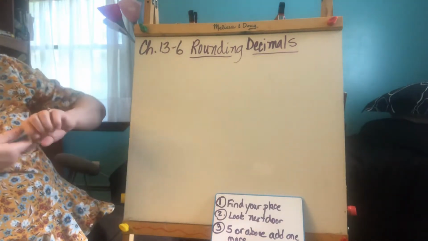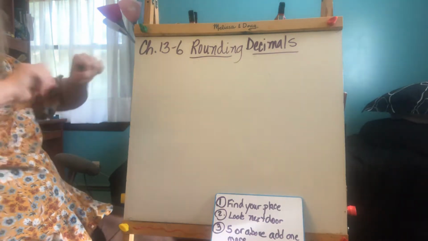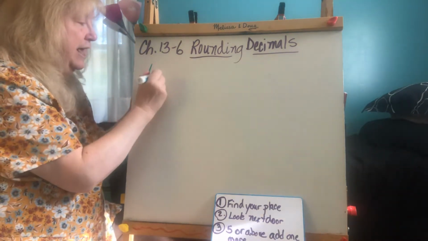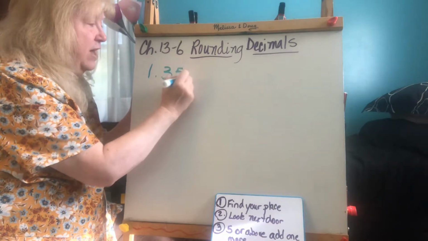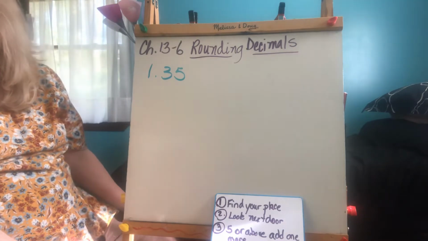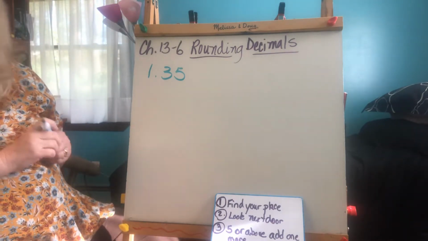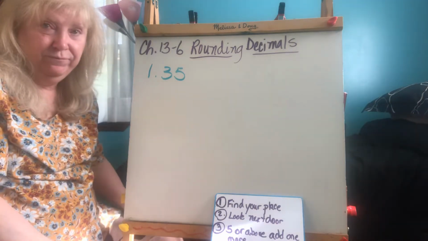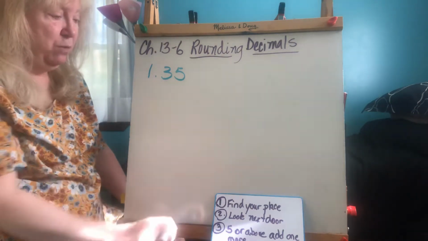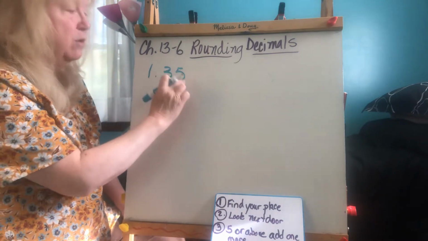Let's say you were given the decimal 1 and 35 hundredths. And you were asked to round to the nearest tenth. Okay? So, step 1 says find your place. So you have to figure out, is the 1, the 3, or the 5?